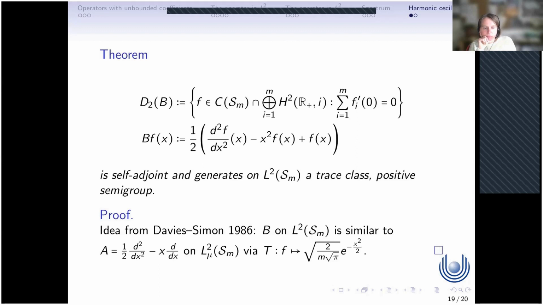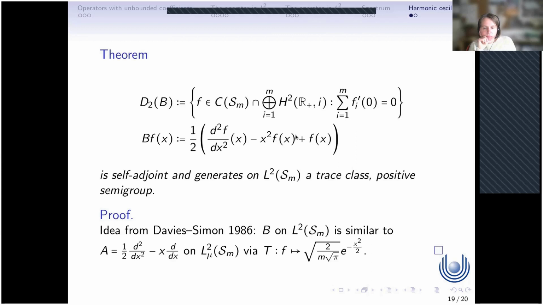So what we wanted to study is this operator here, which is classically considered the harmonic oscillator in quantum mechanics. So you see you have a second derivative, then you have an unbounded potential of this form here.